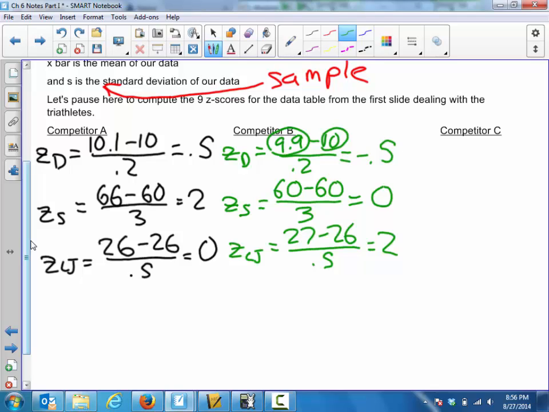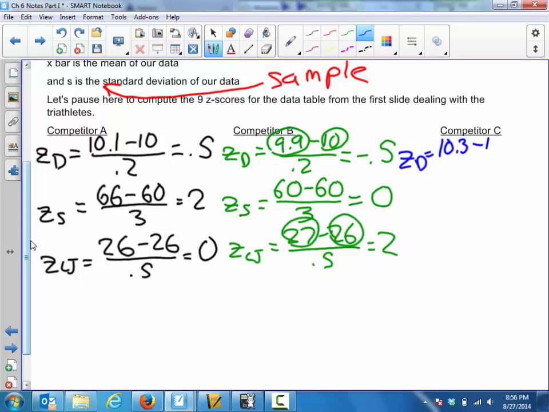Comes out to be 2. Does that make her look good? Yeah, in this case a positive z-score does make her look good. The goal for the long jump is a higher distance, so being at 27 versus the 26 average for all the competitors in this triathlon is a positive thing, so a z-score of 2 reflects well on her. All right, last piece here, competitor C.